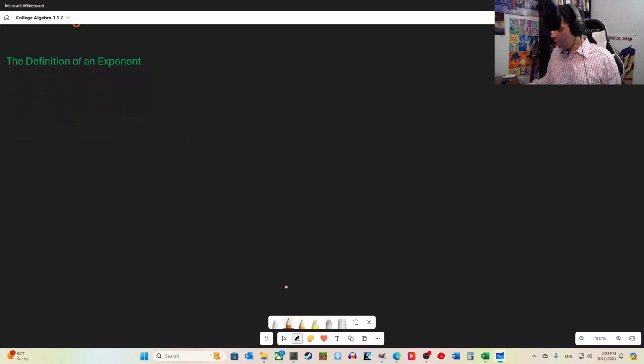Let's give a formal definition to the exponent. We are going to use a letter rather than a number. So, say we have a to the n power.